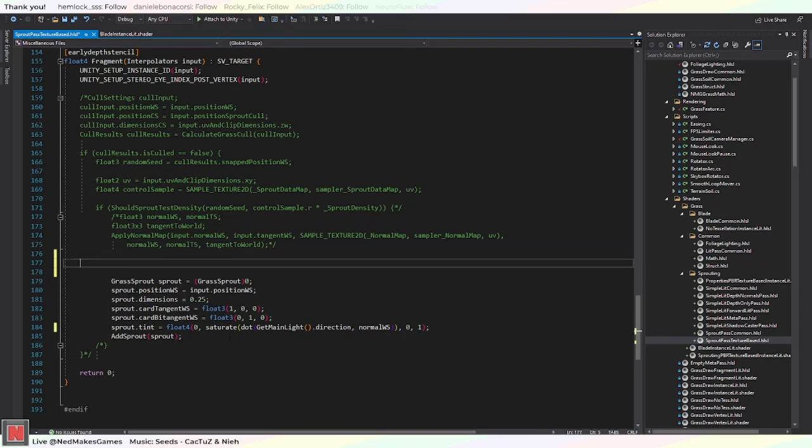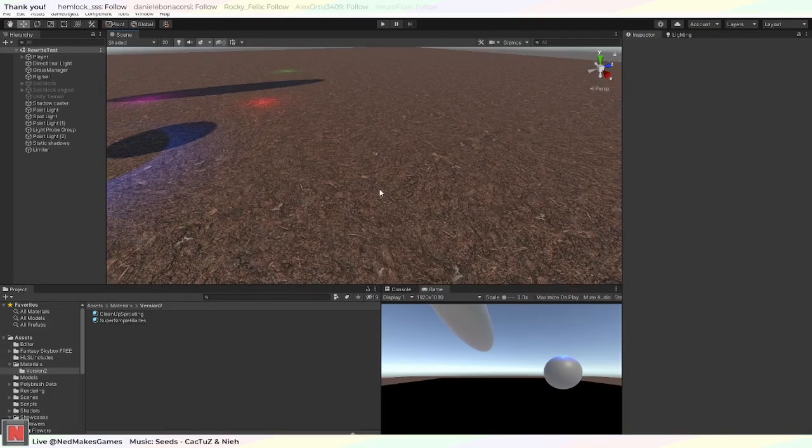Since the card tangent and bitangent are the x and y directions and the normal is just the z direction, okay, so we do this.